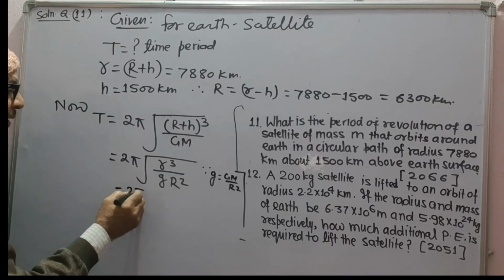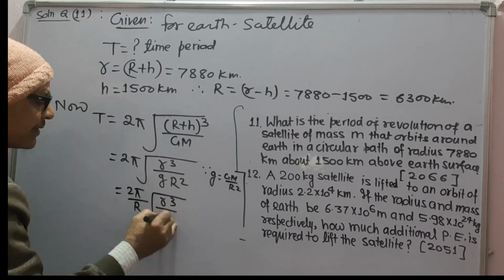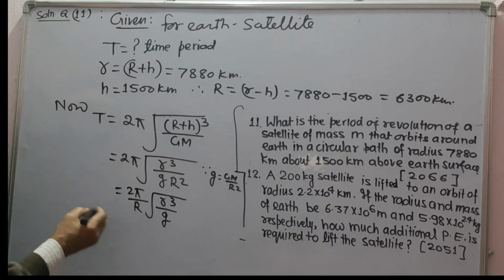So this becomes 2π upon R, r cube upon g. Values are known.